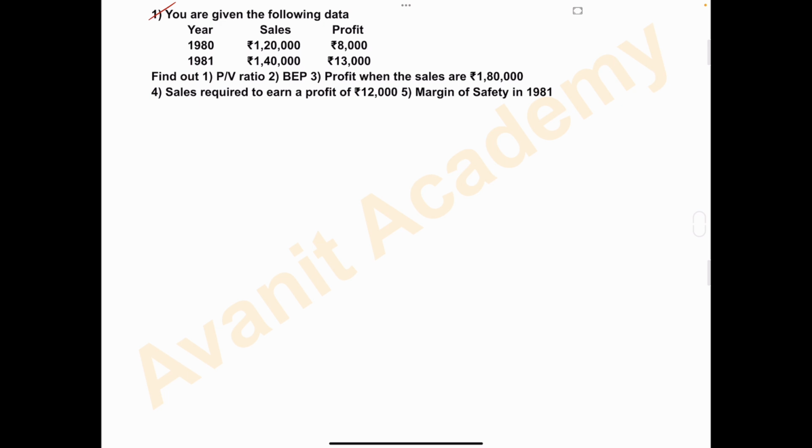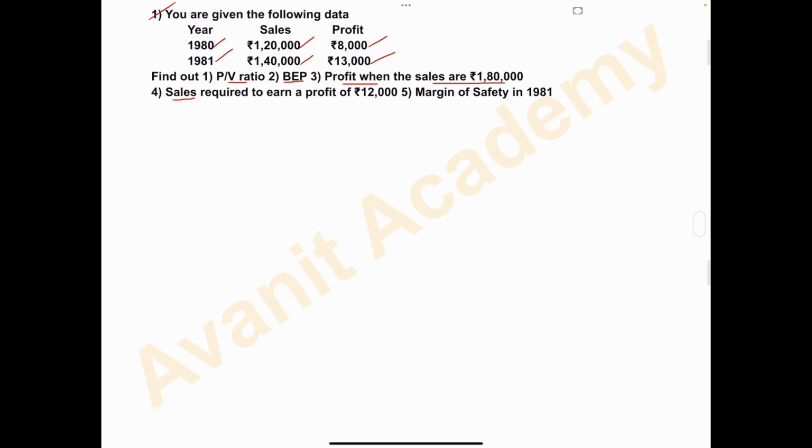You are given the following data for years 1980 and 1981. In 1980, sales is rupees 1,20,000 and profit rupees 8,000. In 1981, sales is rupees 1,40,000 and profit is rupees 13,000. Find out PV ratio, BEP, that is break-even point, and profit when the sales are rupees 1,80,000.